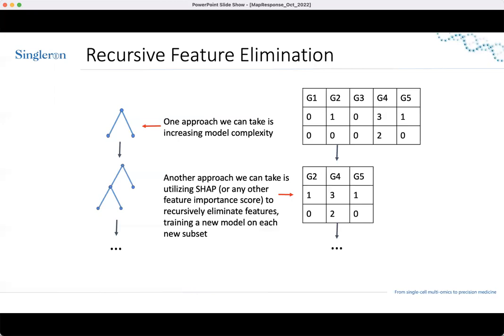Another way we can look at this, on the right, is starting with the full data set where P is all of our starting genes. We start with all of the genes as predictors. We train a model, we compute the Shapley values, and then we selectively remove the most important values at each iteration. So we recursively eliminate these features from the data set.